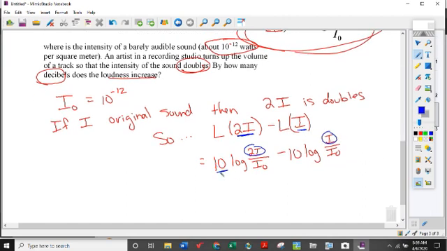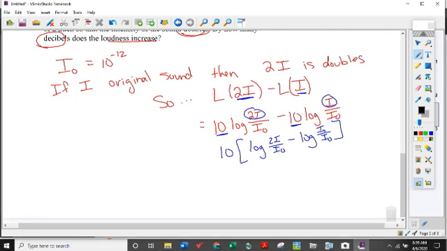Now I'm going to factor out what they have in common. They both have a 10 in common, so I'm going to factor out the 10. I could also use this as an exponent, but okay. Now I'm going to use my properties of logarithms. This is why it's written this way. This is division, so I'm going to rewrite it. And this is multiplication. So I'm going to get log base 2 plus log base I over I sub 0.